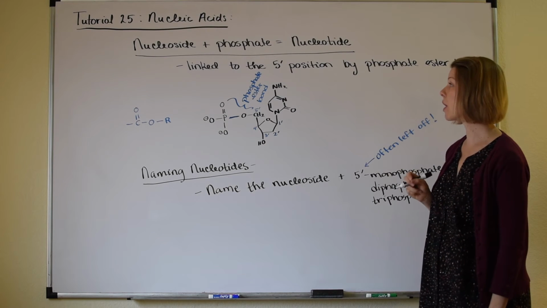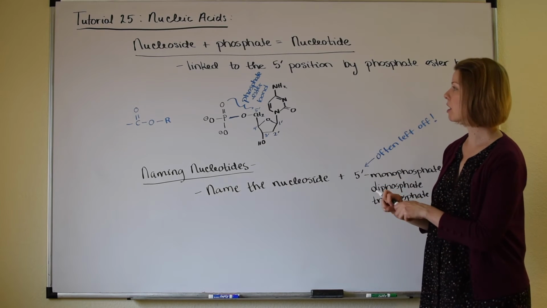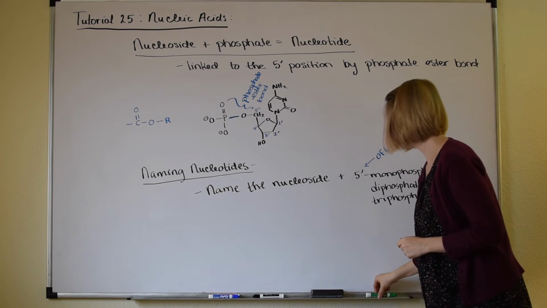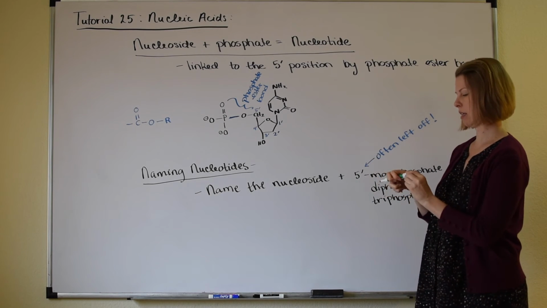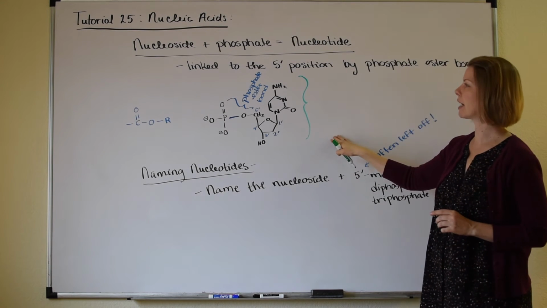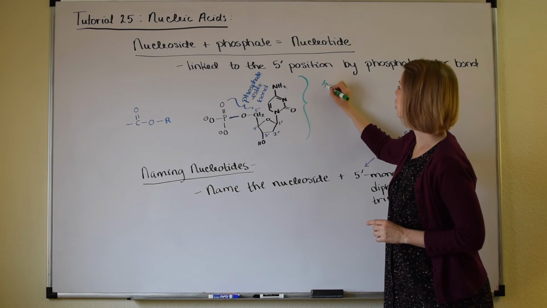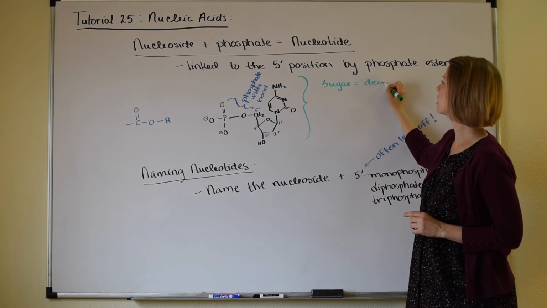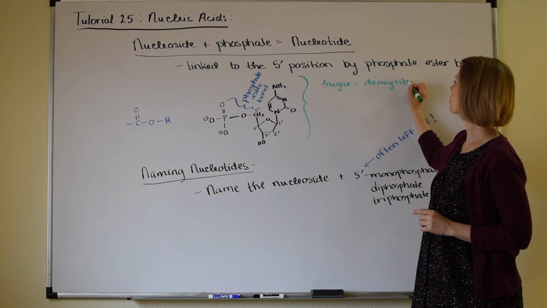All right, so let's go ahead and name the nucleotide that we've drawn up here. And let's do that in green. Make it stand out a little bit. Okay, so in this nucleotide, we have the sugar deoxyribose.